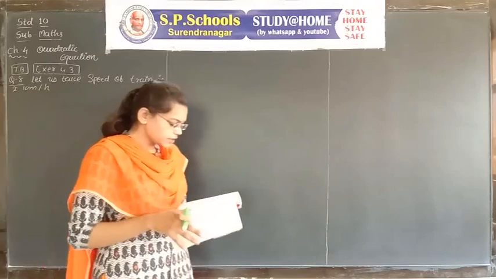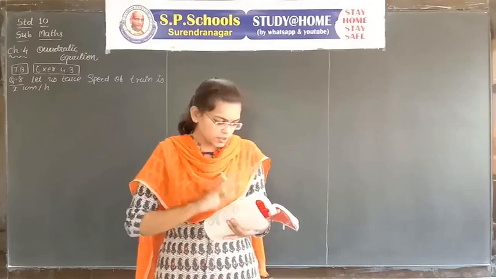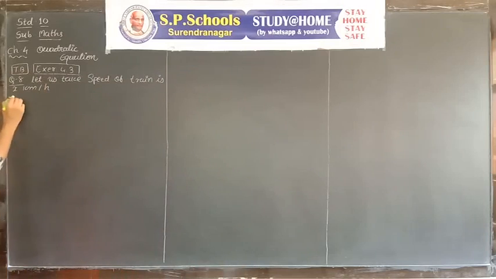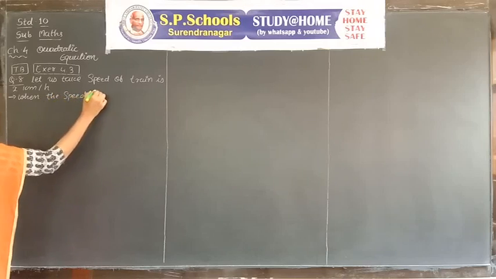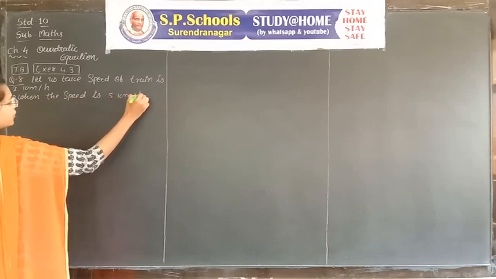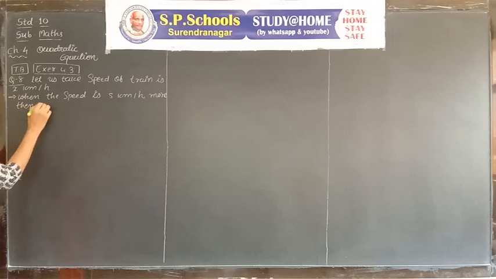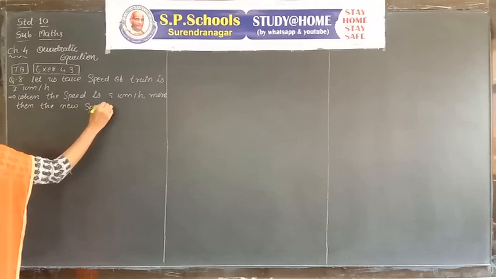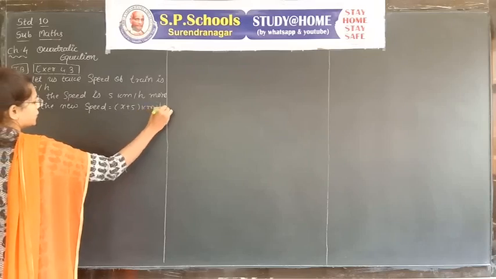A train travels a distance of 360 km at uniform speed, and if the speed had been 5 km per hour more, then the new speed is equal to x plus 5 km per hour.